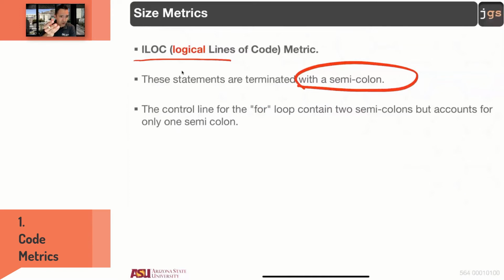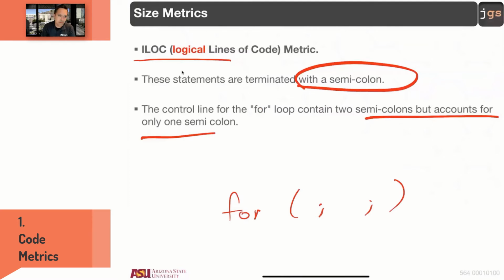Now, a particular exception, a particular case that hopefully you remember is when you have a for loop. When you have a for loop, you're going to have 2 semicolons inside of the parentheses. Even though you have 2 semicolons, that one is going to count like 1 effective line of code. Why?